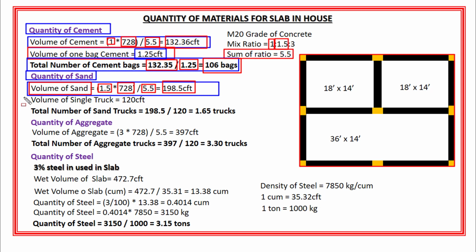And let's say that the volume of a single truck is equal to 120 cubic feet. So the total number of sand trucks is equal to the volume of sand, which is 198.5 cubic feet, divided by 120 cubic feet, which is the volume of a single truck. And the total number of sand trucks will become 1.65 trucks. So now I can say that in the construction of this 37.5 feet by 30.25 feet slab, I will need 1.65 sand trucks.